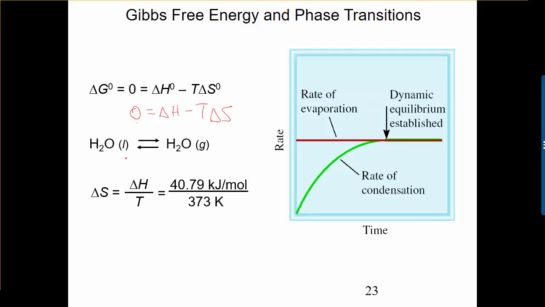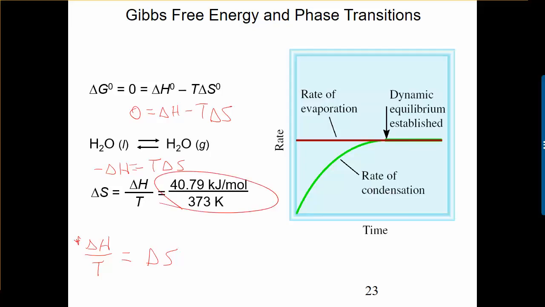So I can move the terms: negative T delta S equals negative delta H, so delta H over T equals delta S. Now I can solve for my delta S from the delta H and the temperature that I have.